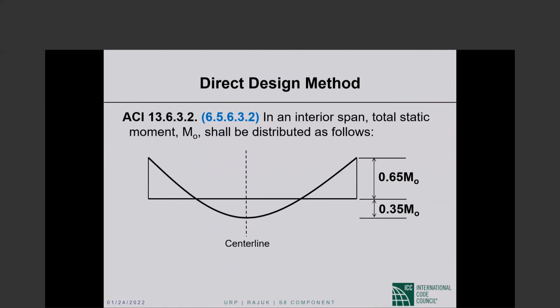Now, in an interior span, very important, interior span as opposed to exterior span, total static moment shall be distributed 65% to the supports, 35% to the span. Very simple. So 65 to the support, 35 to the span, if it is an interior span.